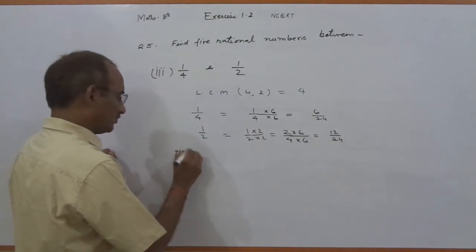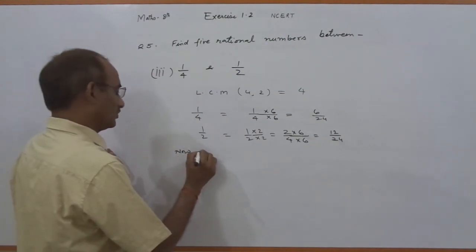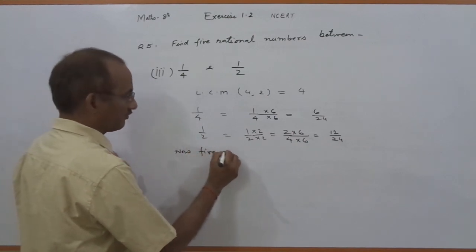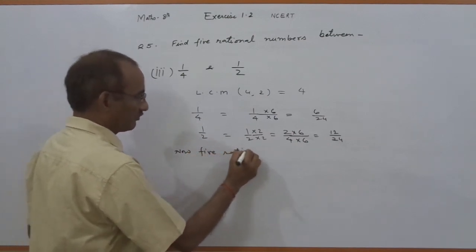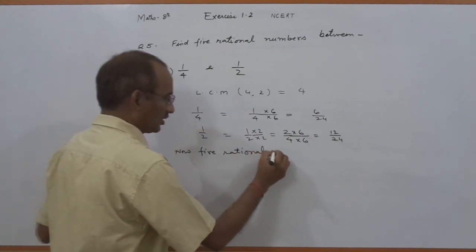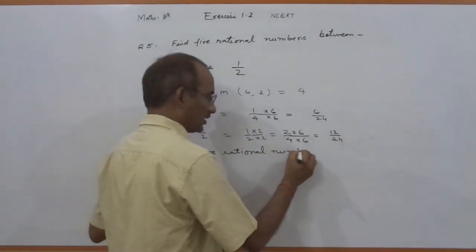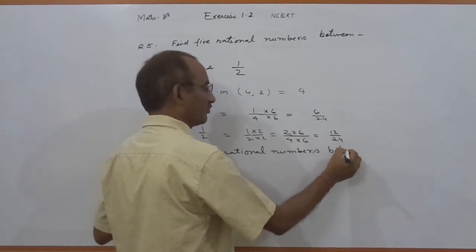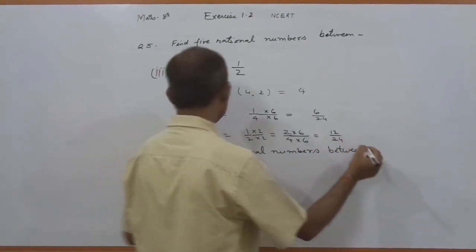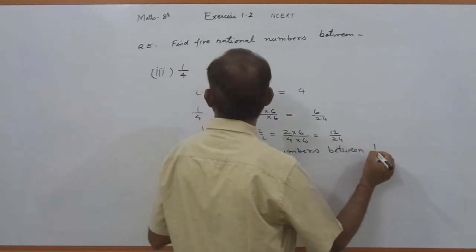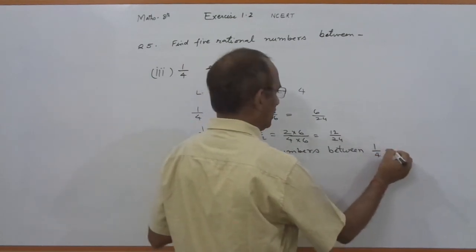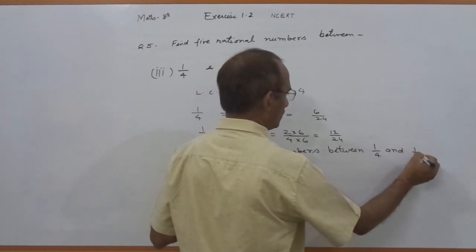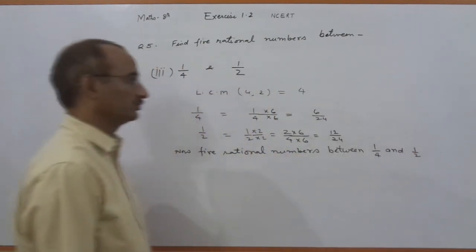Now we have to write the 5 rational numbers between 1 upon 4 and 1 upon 2.